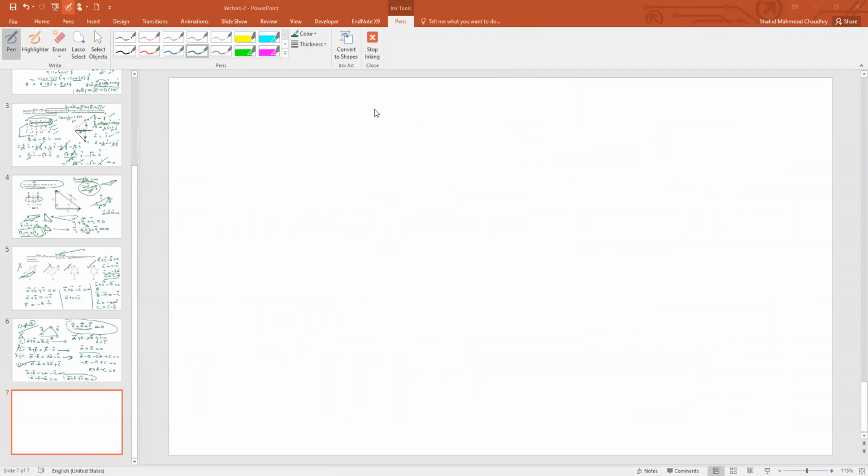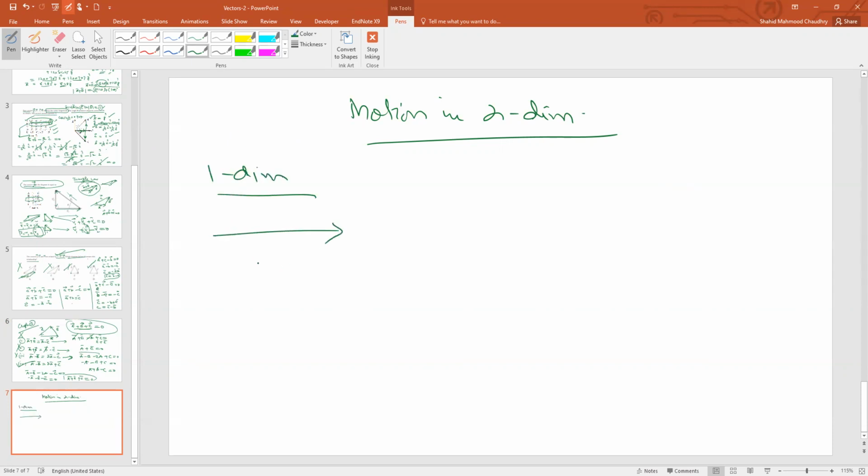Okay, so motion in 2 dimension, what will we study? I am just giving you the introduction. In the last chapters, we studied motion in 1 dimension. 1 dimension means the body is moving in a straight line, either like this one or like this one.